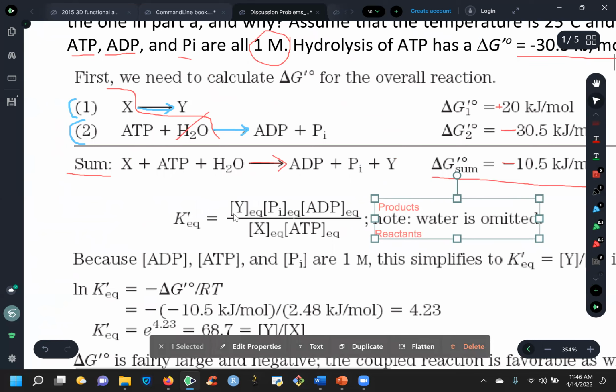So you just do Y, phosphate, and ADP. They don't have to be in the right order. I like to keep them in the right order, so it's up to you how you want to write them down. But basically, you write down all your product concentrations, and then below that, you write down your reactant concentrations. So that's just X and ATP, because we know water doesn't count.